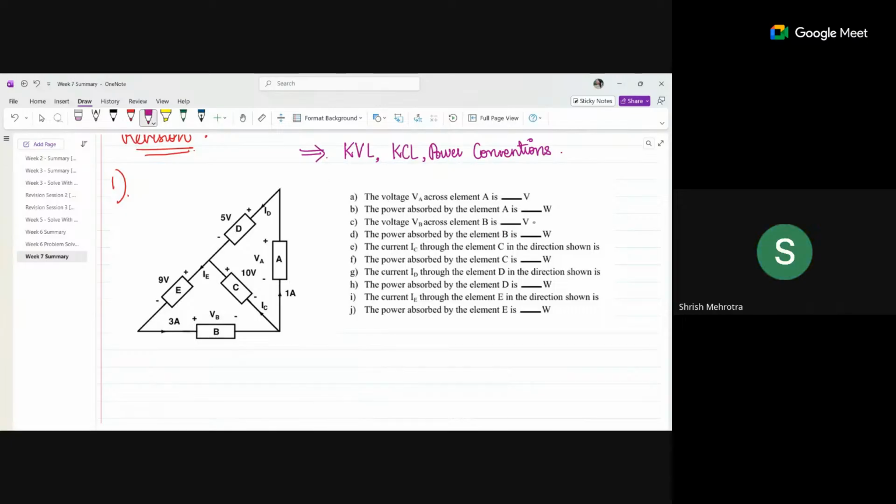Ma'am, it will be 15 volts. Yes, it is 15 volts. If any of you have any doubt in any of the questions, do ask. What is the power absorbed by the element A?